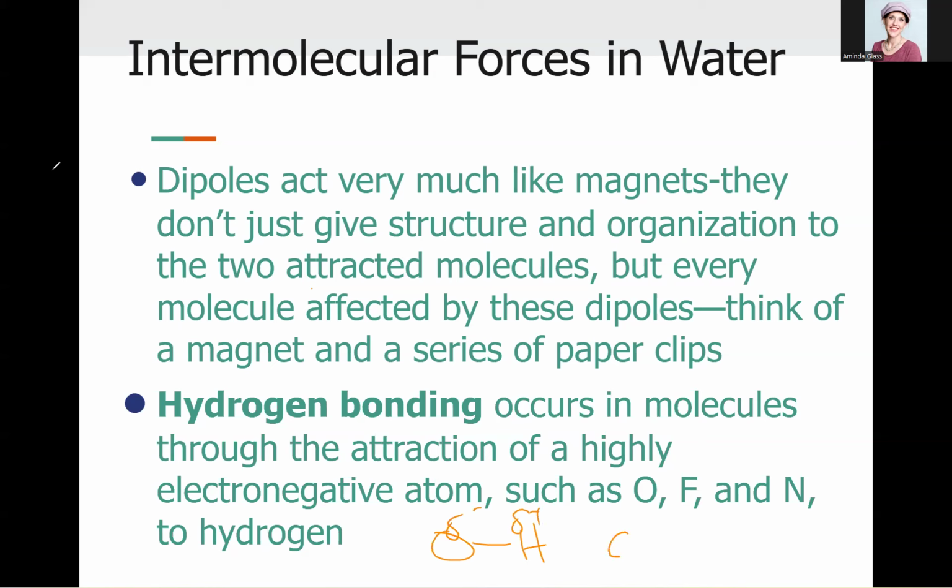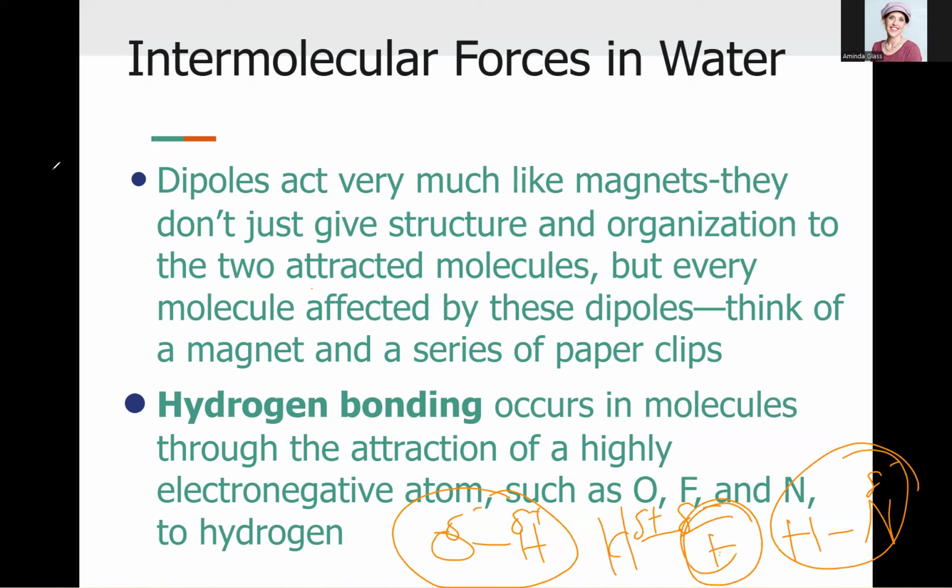If you have hydrogen bonded to a fluorine, you're going to have that dipole as well. And it's going to be the same with nitrogen. Although oxygen is going to be stronger than nitrogen, and fluorine will be stronger than oxygen because of the electronegativity value here.